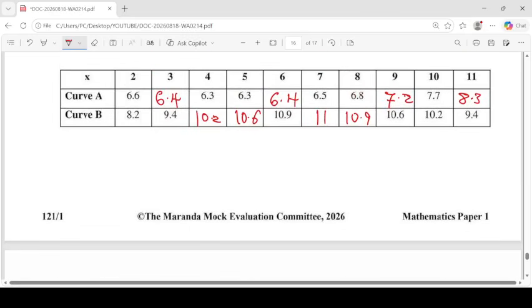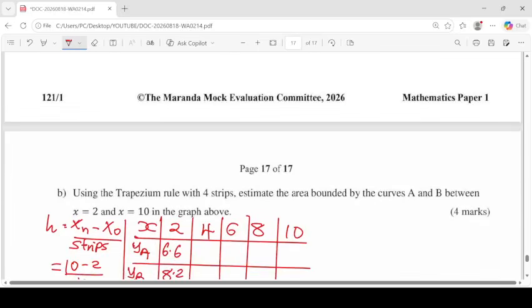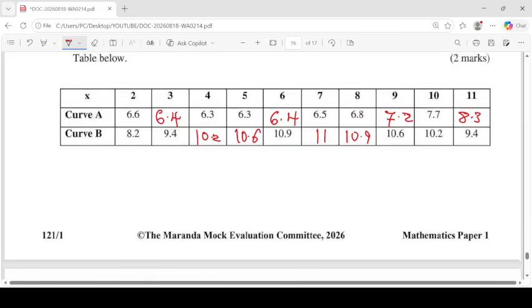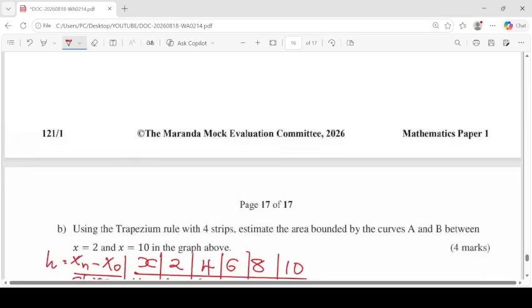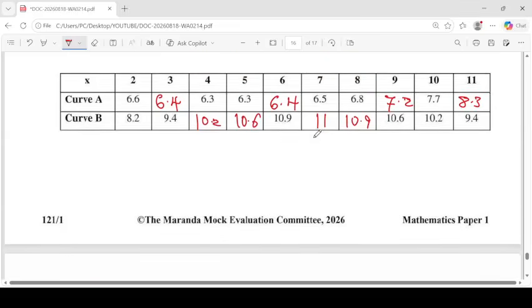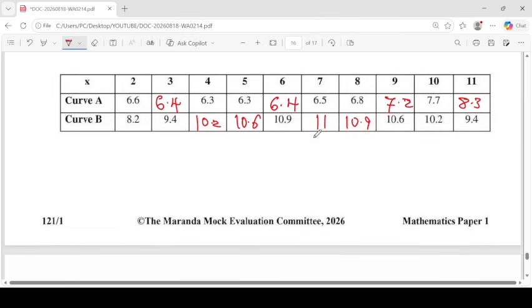When x is 4, 6.3, 10.2. When x is 6, 6.4, 10.9. When x is 8, we can see 6.8, 10.9.